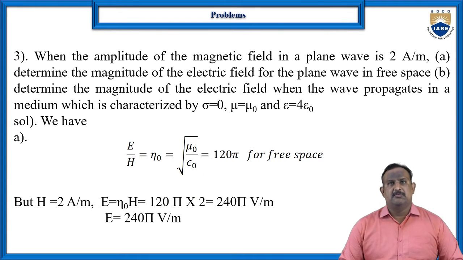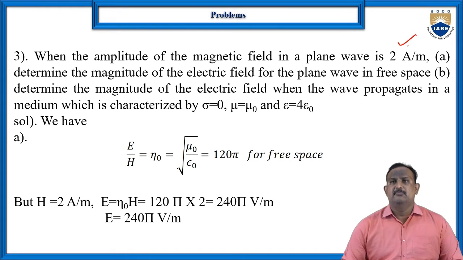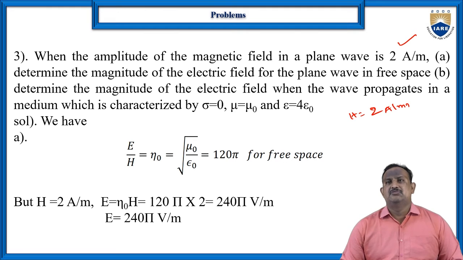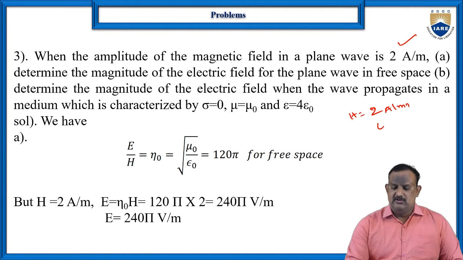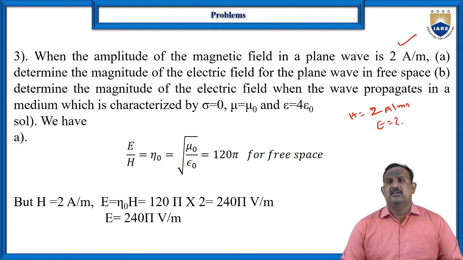Then the next problem. The amplitude of the magnetic field in a plane wave is given as H equal to 2 amperes per meter. We need to determine the magnitude of the electric field E for a plane wave in free space.